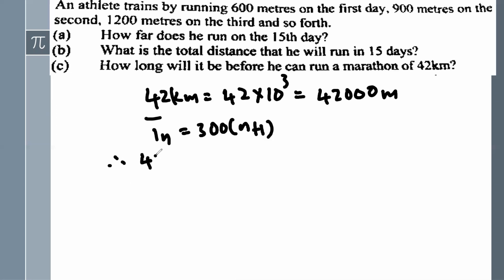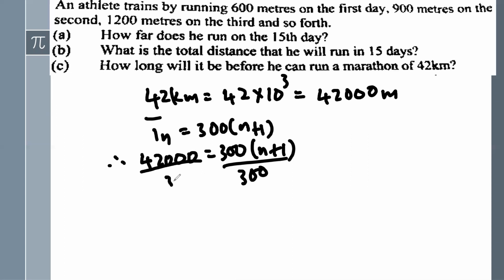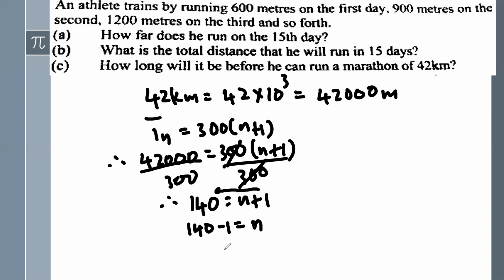We know what Tn is, it is 42,000, and we want to find n. Okay, so I will then divide by 300 on both sides. And obviously that takes that away. You can punch the left-hand side as it is in your calculator. You should get something like 140 equals n plus 1. It becomes obvious what the value of n is going to be. So obviously 1 comes to the other side, and when that happens, it must change the sign to negative.